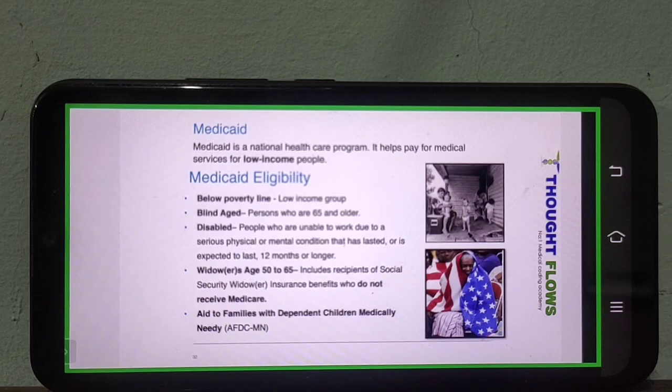And the last point is aid to families with dependent children. That means children who live in an orphanage. Orphan children come under Medicaid. Am I right? So they come under the policy of Medicaid. So these are the eligibility criteria.